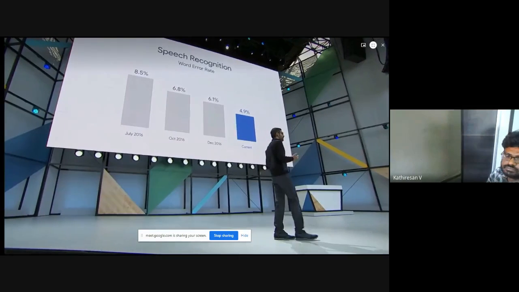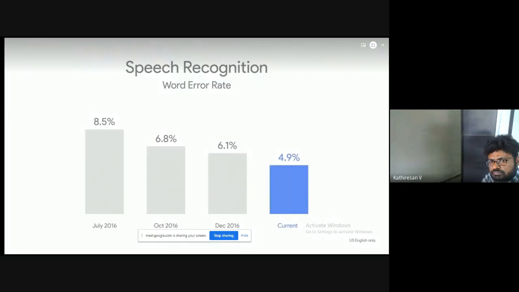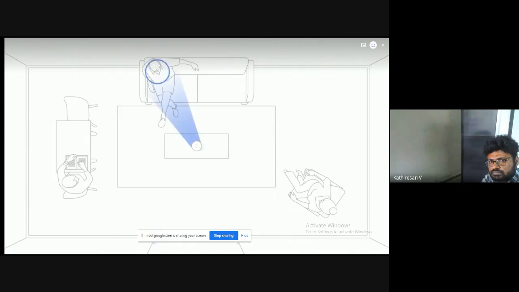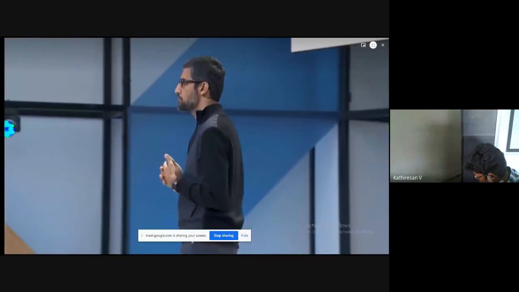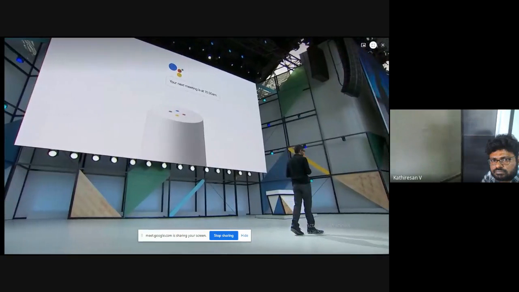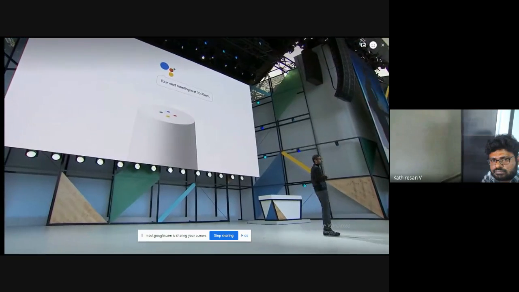This is why, if you speak to Google, to announce support for multiple users in Google Home so that we can recognize up to 6 people in your house and personalize the experience for each and every one. So voice is becoming an important modality in our products.